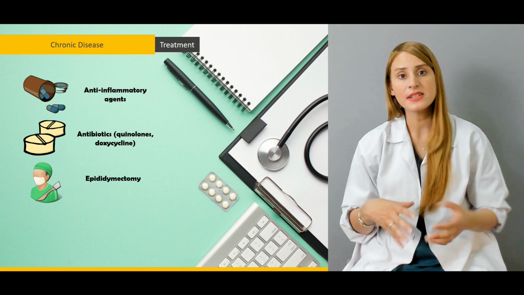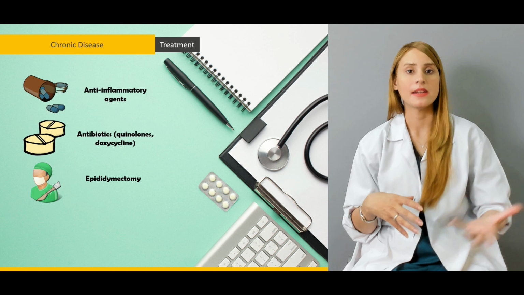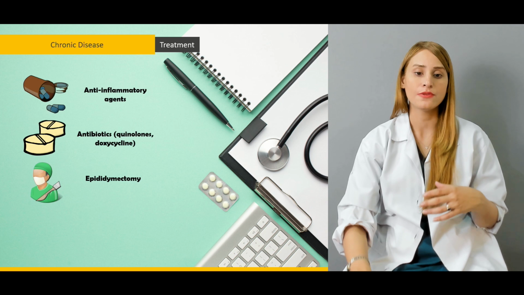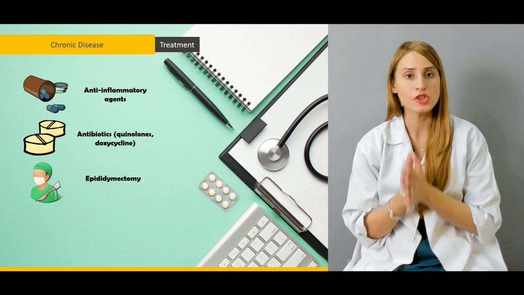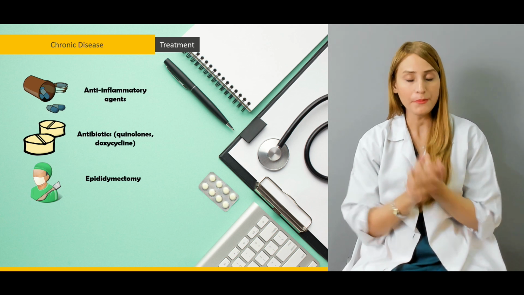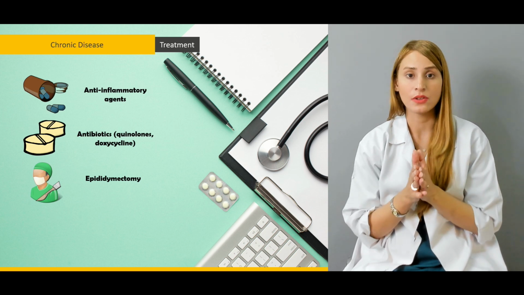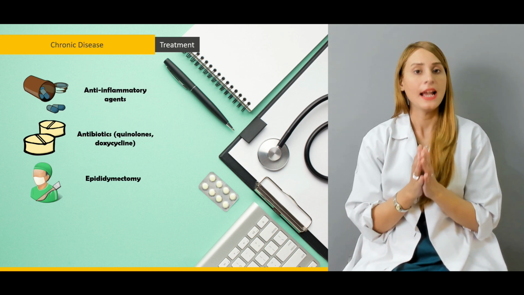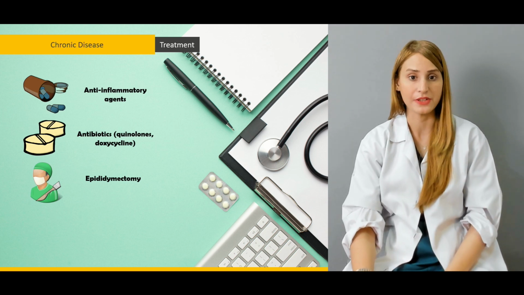But if the viability of the testes is also compromised because of the testicular atrophy, and you're sure about the infertility, then you have to go for epididymectomy and orchidectomy. When the tissue is not viable, that is the choice of treatment, and obviously these two procedures can lead to infertility, so you have to counsel the patient about these things.